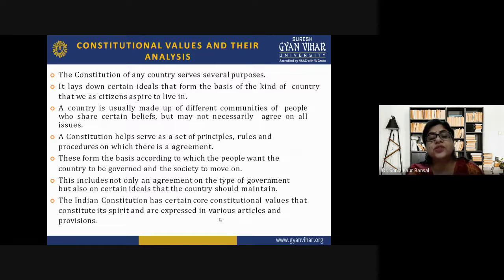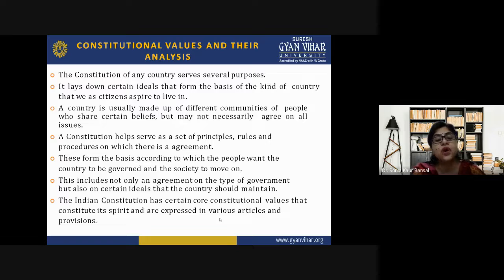So a constitution serves as a set of principles, rules, and procedures on which there is an agreement. These form the basis according to which the people want the country to be governed and the society to move on.